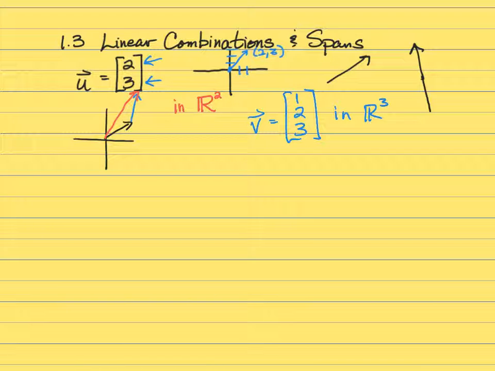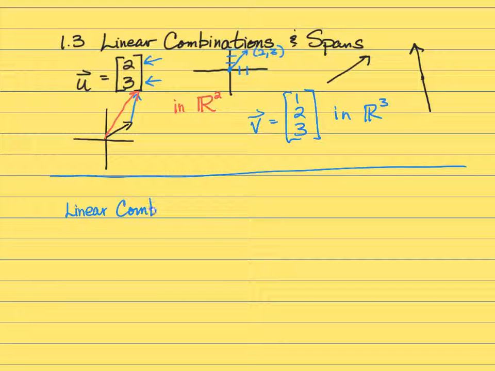But what we're interested in is this idea of linear combination of vectors. And that's a pretty simple idea. A linear combination of vectors can be expressed like this.